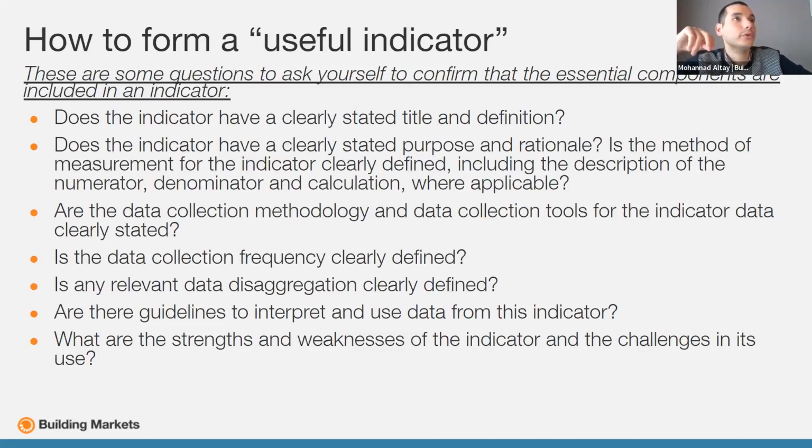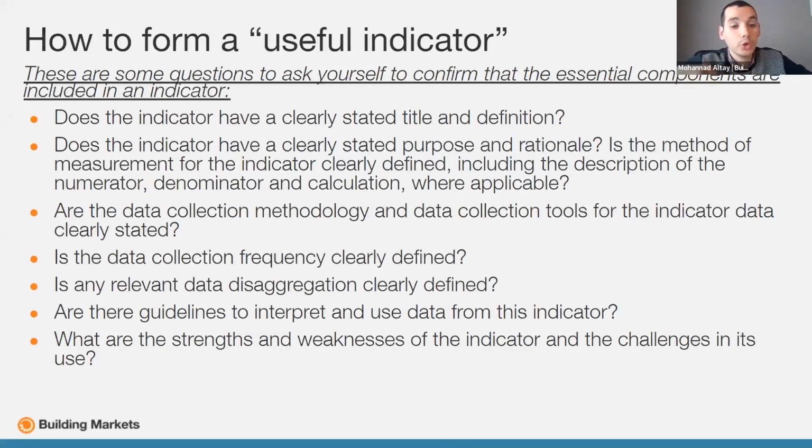And what we want to ensure by asking this question is that the title of your indicator is clearly understood by everyone, whether internal or an external party, someone in the team, someone from your donor organization, or someone from the community.